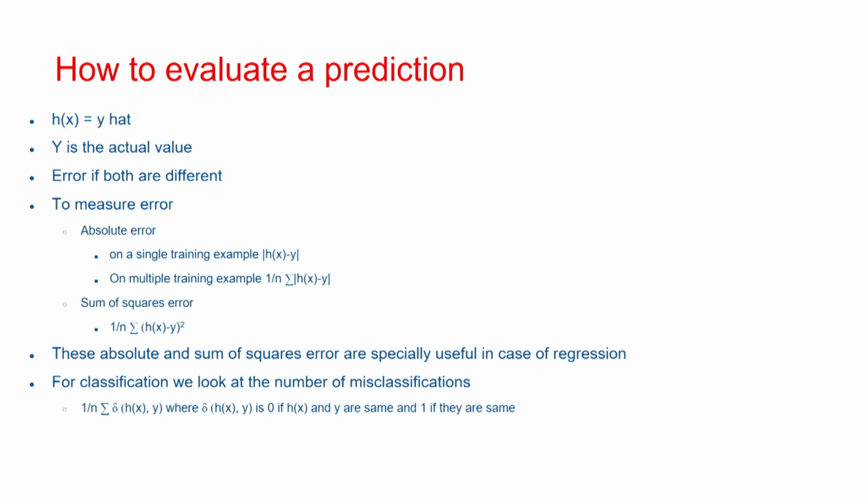If delta(h(x), y) is 0, it means the predicted value as well as the actual label are the same, and delta(h(x), y) is 1 if these values are different. Then we take the summation over all the instances, and to find the average we multiply it by 1 by n.